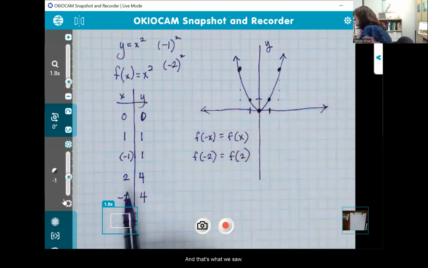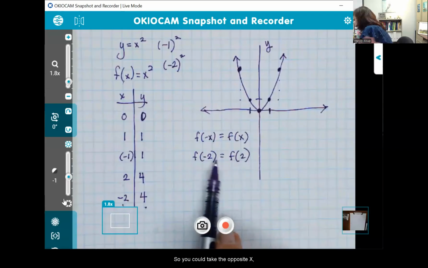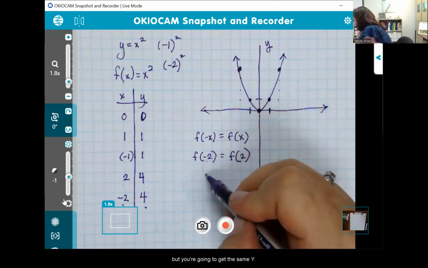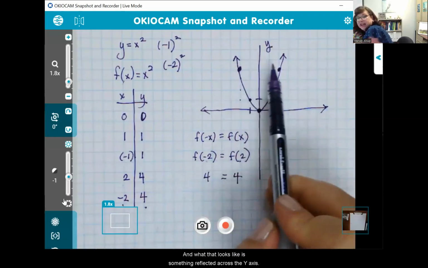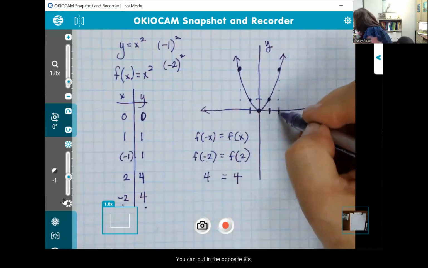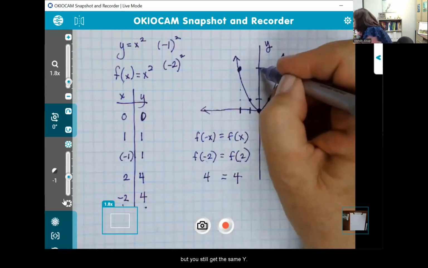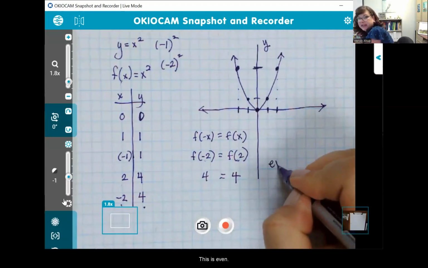That's what we saw: f of 2 equaled 4, and f of negative 2 equaled 4. You could take the opposite x, but you're going to get the same y. And that looks like something reflected across the y-axis. This is even.